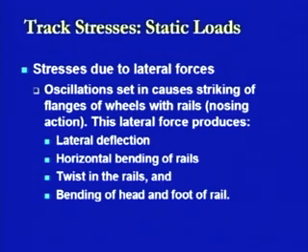There can be a twist in the rail sections depending on the amount of these oscillations. If these oscillations are much more at certain points or levels, then twisting of the rail sections may also get created. Twisting means a sort of irregular pattern of bending. Another thing is the bending of the head or foot of the rail.